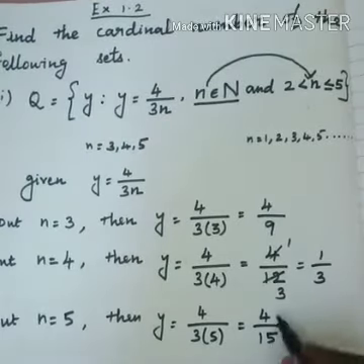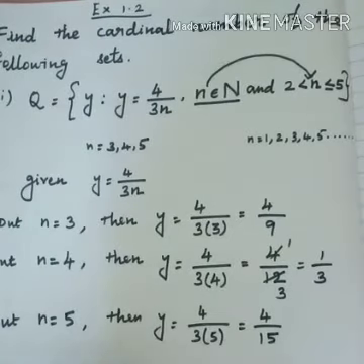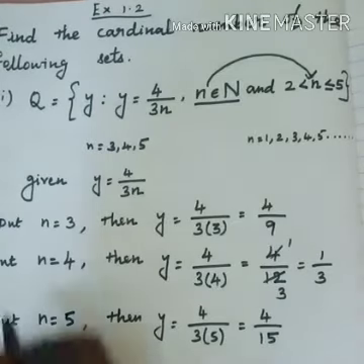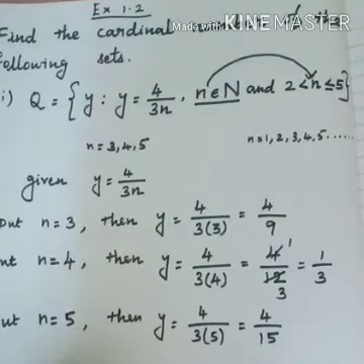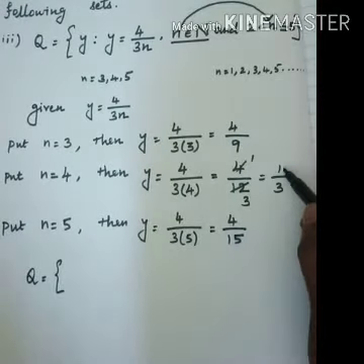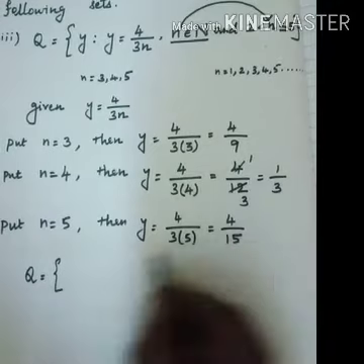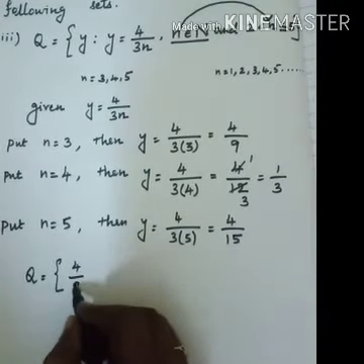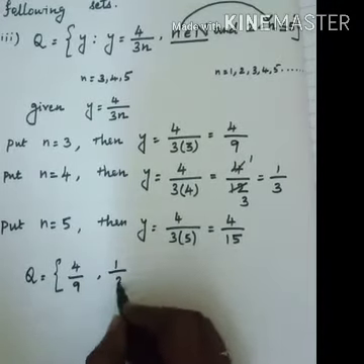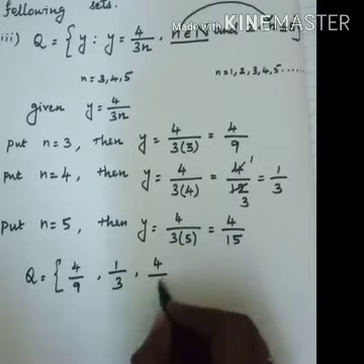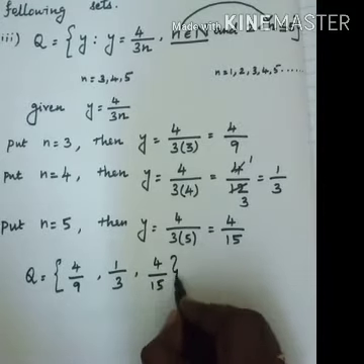We cannot cancel this in any table, so leave it as it is. Now the values for Q are 4 by 9, 1 by 3 and 4 by 15.